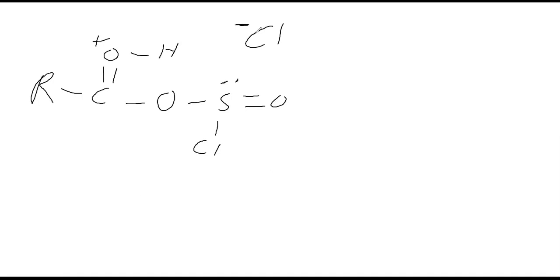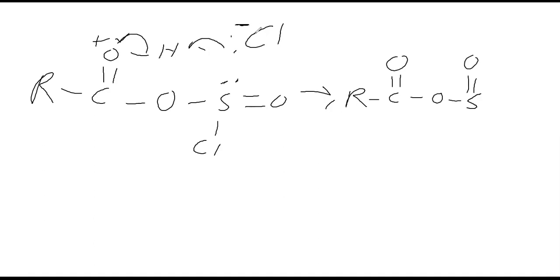You're going to first extract a proton, forming HCl gas. So what do we have in here? It's going to shift over to form RC double bond O, O, S double bond O, Cl. HCl gas can now leave, keeping that from reversing.